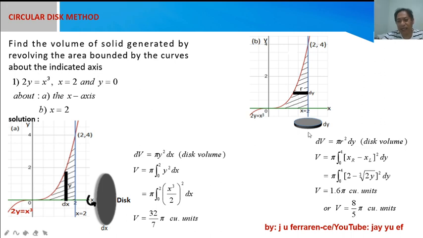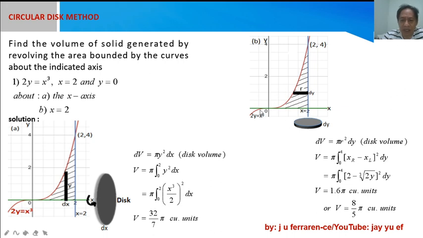How about our r? When this is positioned horizontally and this is resting between two curves, then our r is x at the right minus x at the left. And we have to convert this in terms of y to make it integrable. The x at the right is x equal to 2. Then, how about the x at the left, which is the x of your cubical curve?